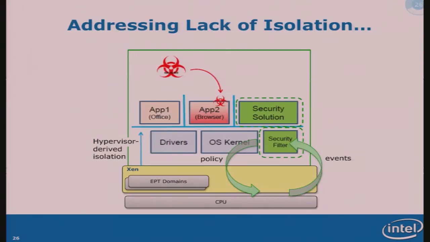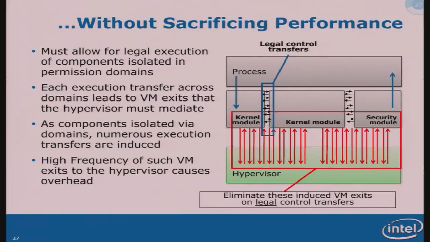You have to do that without sacrificing performance, since even if you can isolate components using EPTs as they are defined today, you have to be able to handle legal execution points where execution is crossing these domain points, whether it's callbacks into the driver object or data accesses that the driver is making on its own memory state that it allocates for itself. Because it's also important to protect the dynamic data for the security engines, because if that's exposed, a stealth malware can just go in and disable the security engine, for example.